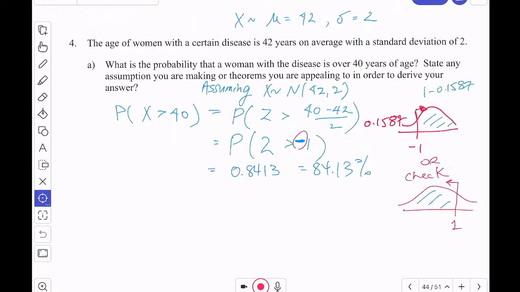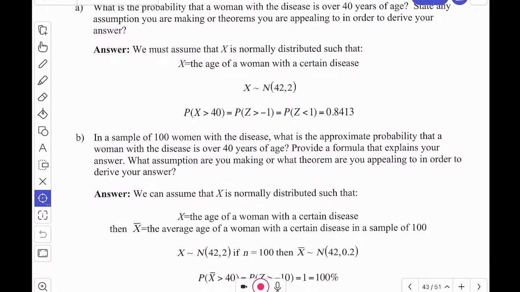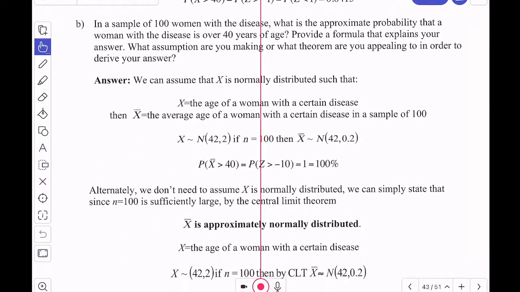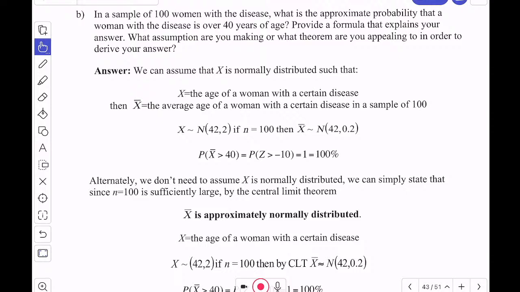So let me see what I told you here. What I said were two different answers. In one case, if you don't use the central limit theorem, then you have to assume normality. And you get this result exactly.